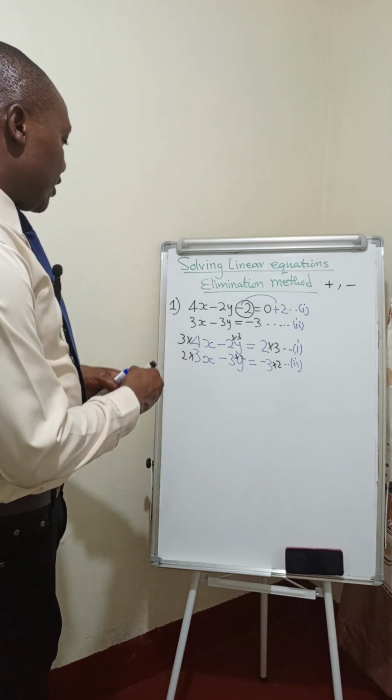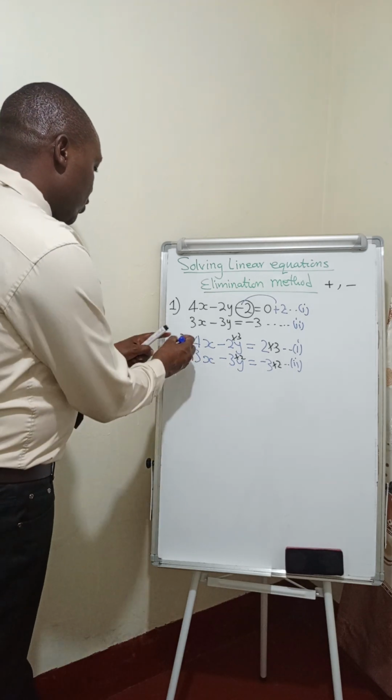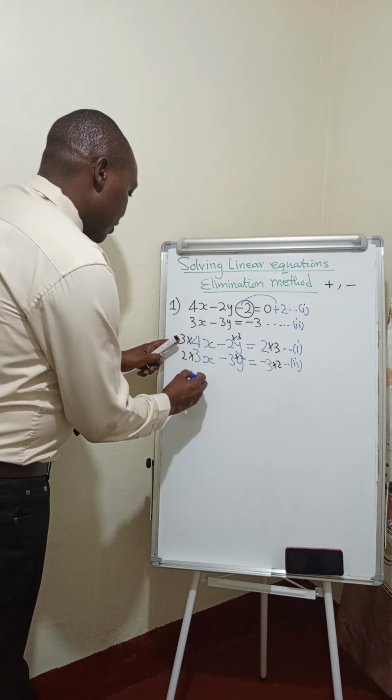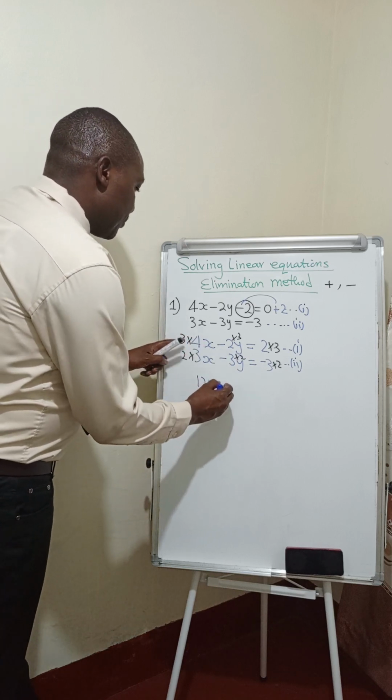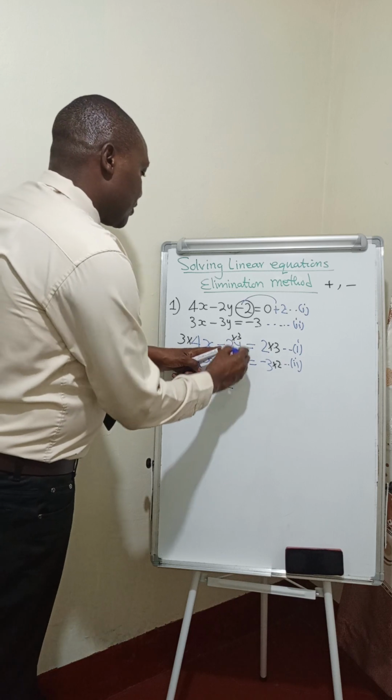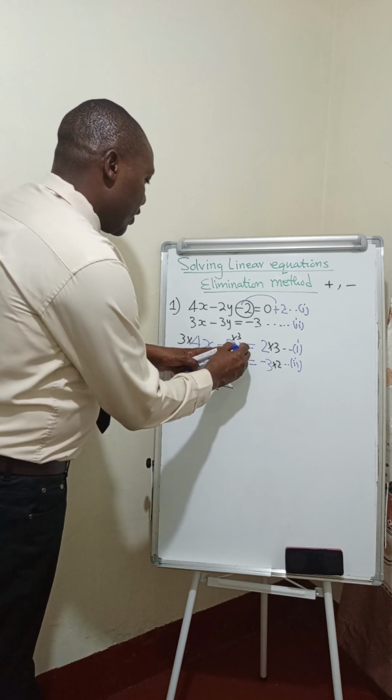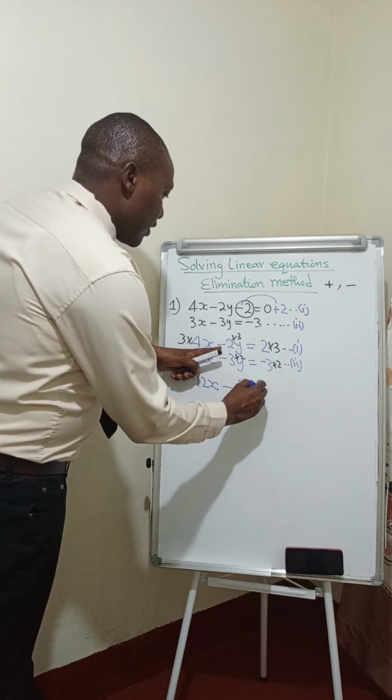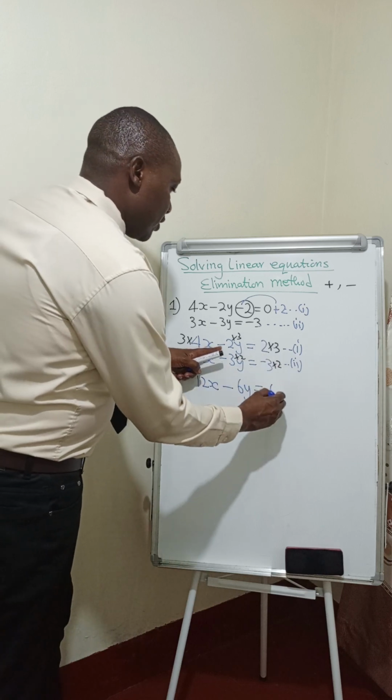Now, if we rewrite it, we are going to work out 3 times 4x, you'll get 12x, minus 2 times 3 times 2y, you'll get 6y. 2 times 3, you'll get 6.